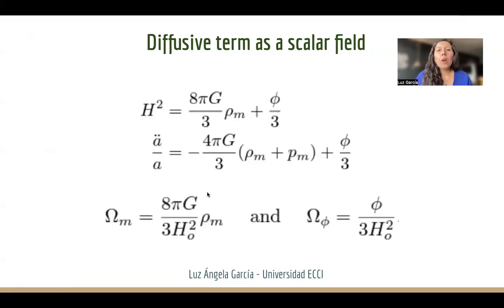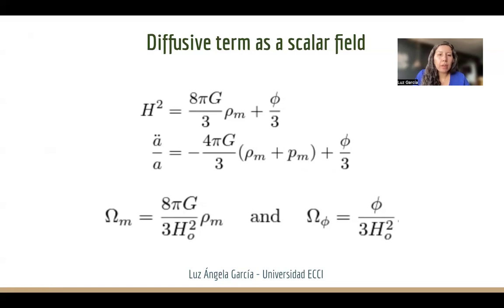When we include all of these equations that I showed before, we have a modified version of the Friedmann equations for a Hubble rate that's pretty similar to the standard model with lambda, but instead we have a term phi. The acceleration of the scale factor, the second equation from top to bottom, also shows the contribution of this term phi.